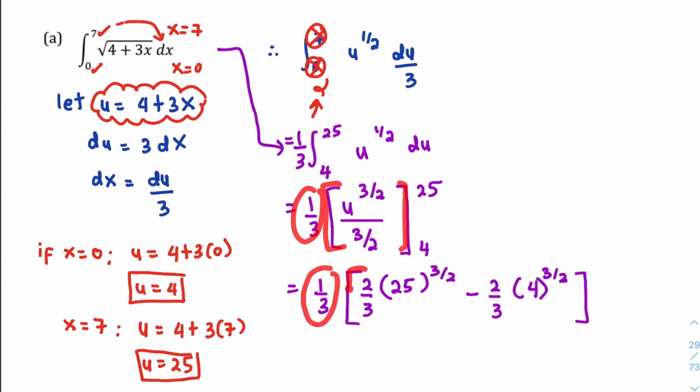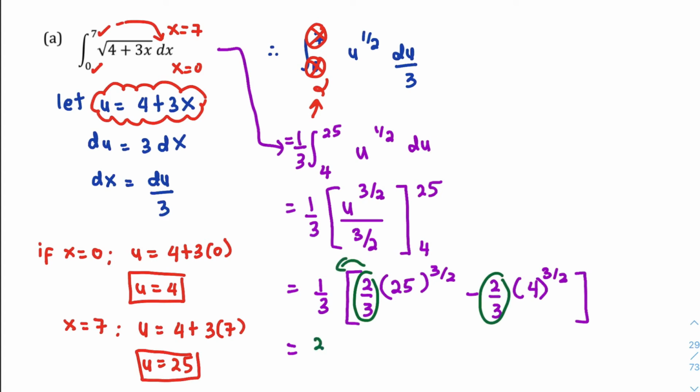Then simplify. 1/3 and 2/3 are common terms, and multiplied they give 2 over 9. 25 to the power of 3 over 2 gives 125, minus 4 to the power of 3 over 2, which is 8. If you calculate this, you get the answer 26.